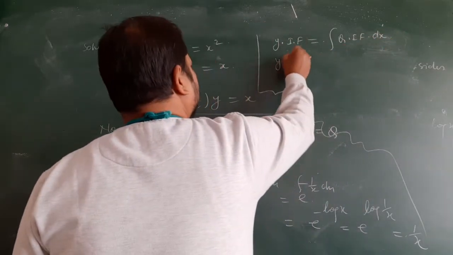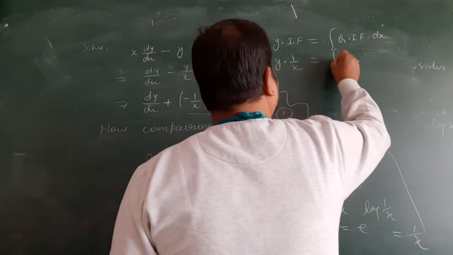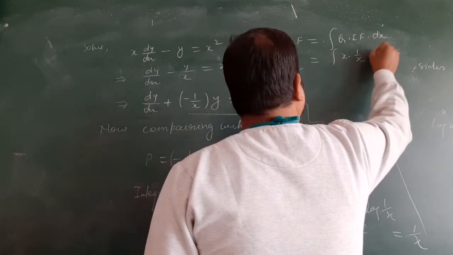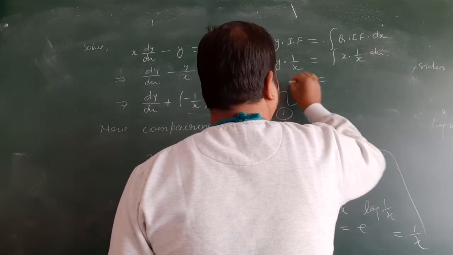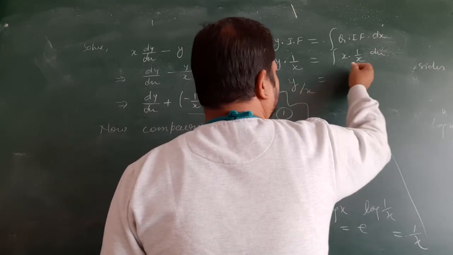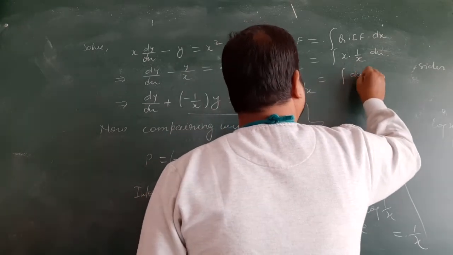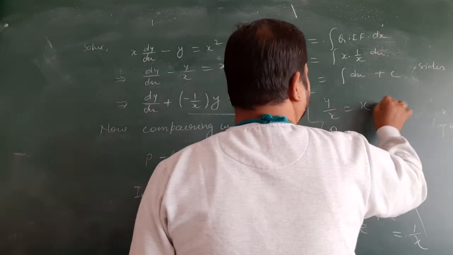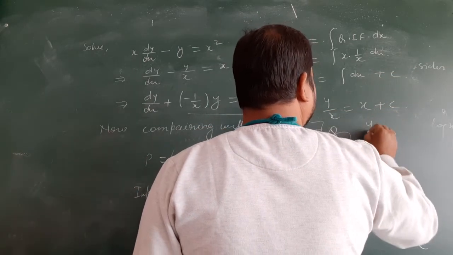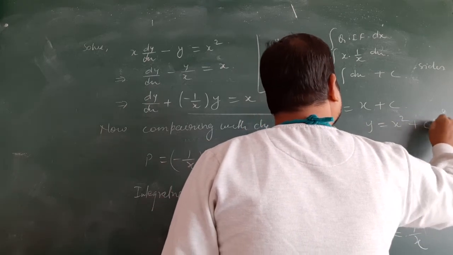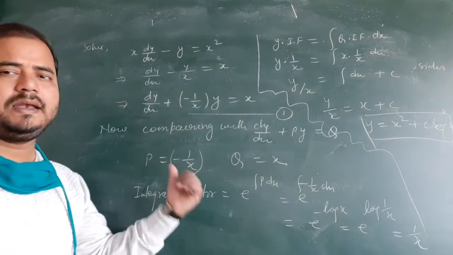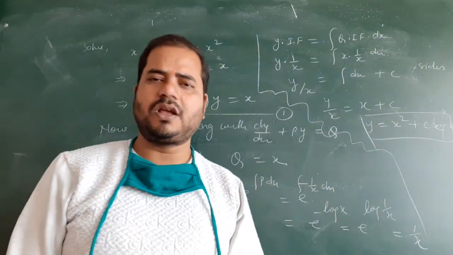So y into 1 by x is equal to the integral of x into 1 by x dx, and this is nothing but y by x is equal to the integral of dx plus c. So y by x is x plus c. So y is x square plus cx. This is the solution of the given linear differential equation.